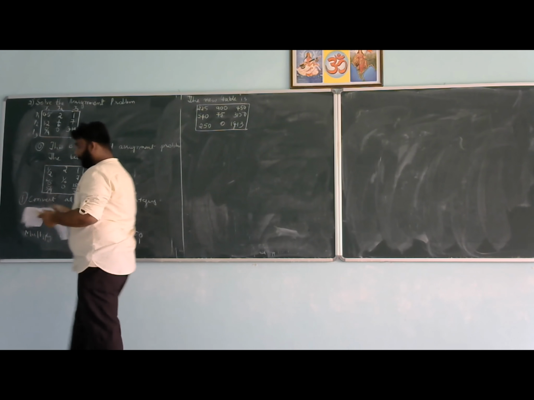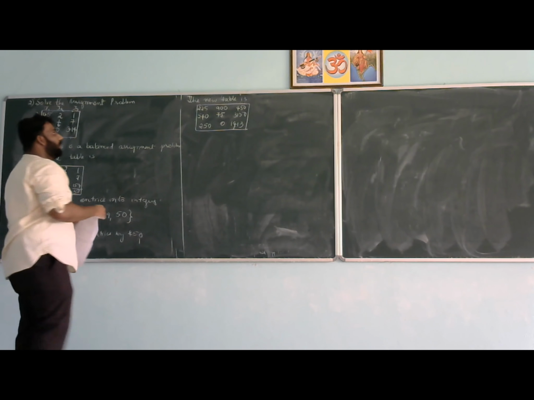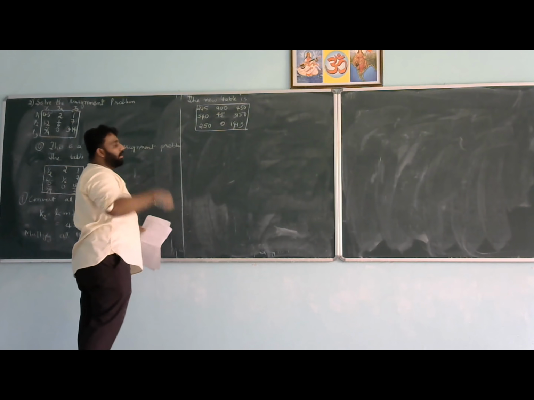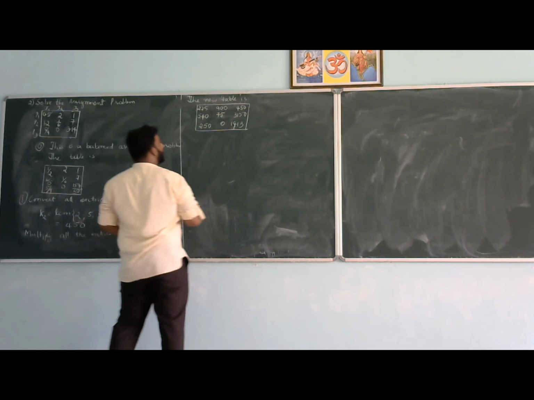These are the last values. Now the next step is we have to subtract the smallest element of the row from every element of that row.